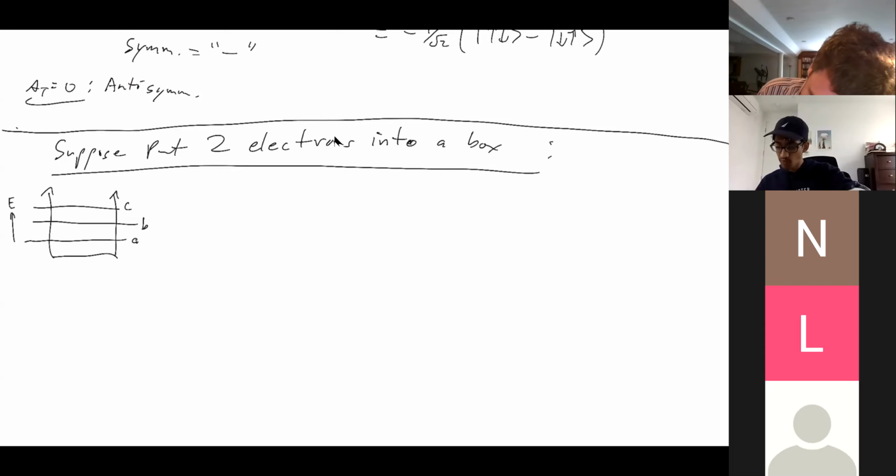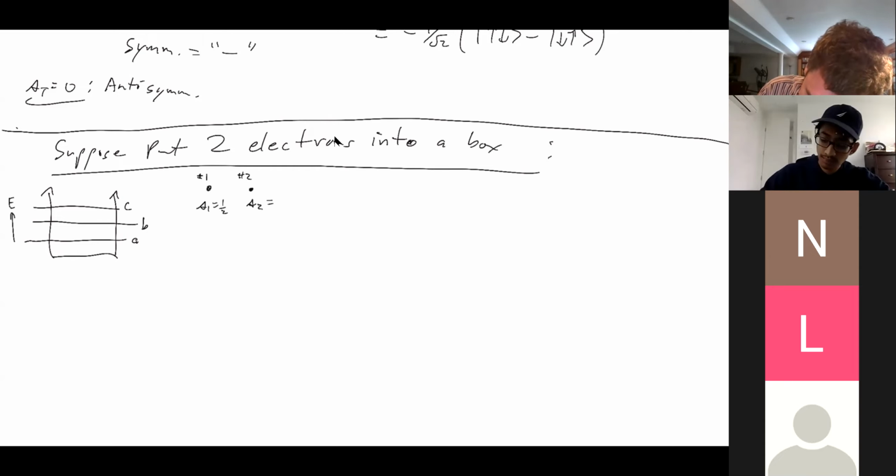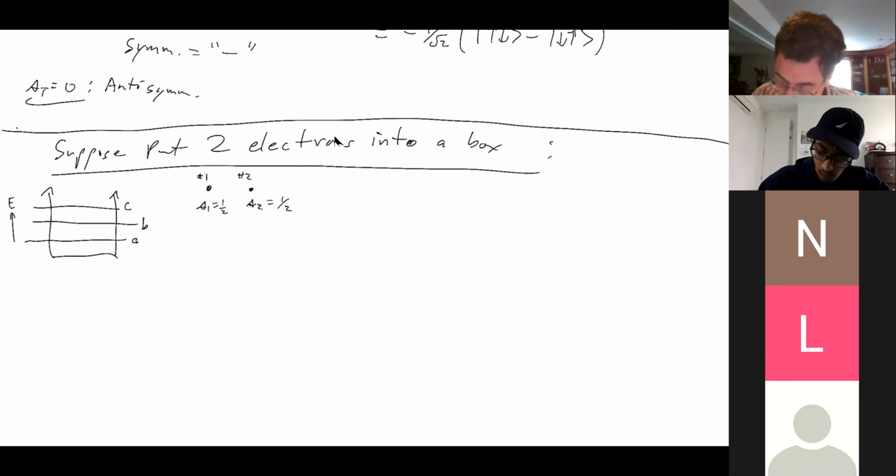And then I want to put 2 electrons into the box. That's electron number 1, and this is electron number 2, and they have spin, S1, S2. They're both spin 1/2 objects. And so I'm going to ask you now, what is the ground state?